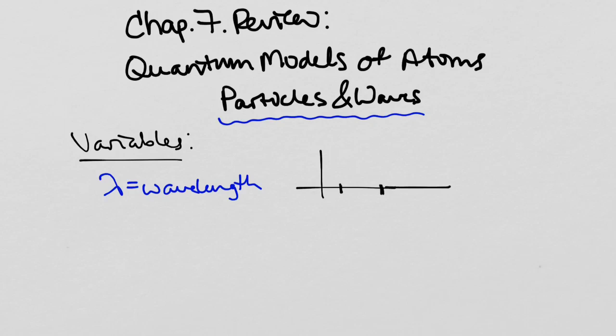Well, I'll tell you. One wavelength is the distance from a peak to a peak, or a trough to a trough of a wave. So that's what we define as lambda.